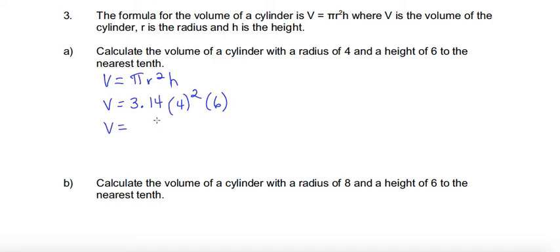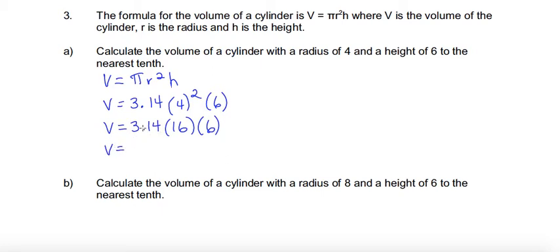So BEDMAS tells us we need to do brackets first and then exponents. So we don't have any calculations inside of a bracket to do, but we do have our exponents. So we have to do 4 squared first, and 4 squared is 16. And now we can do our multiplication. So after exponents is division. We don't have any division in this question, but we do have multiplication.